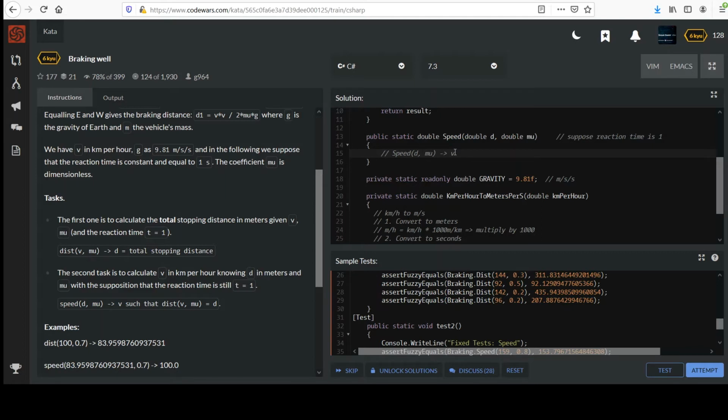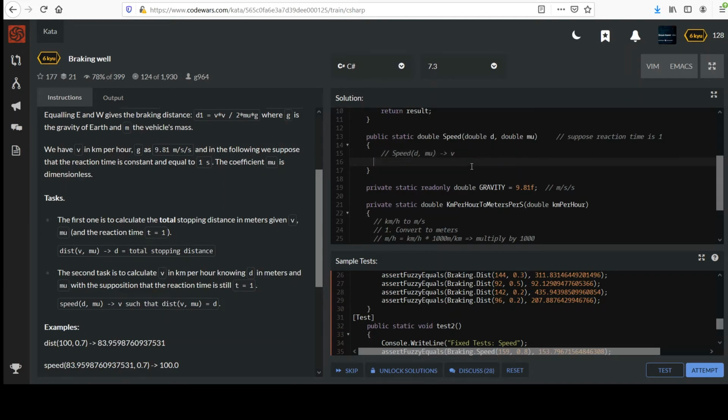Because they used v, they're expecting kilometers per hour, so we have some potential conversion again to do there. And it was such that dist of v and mu returned d, right? The d in this parameter. So you can see the relationship between the two.